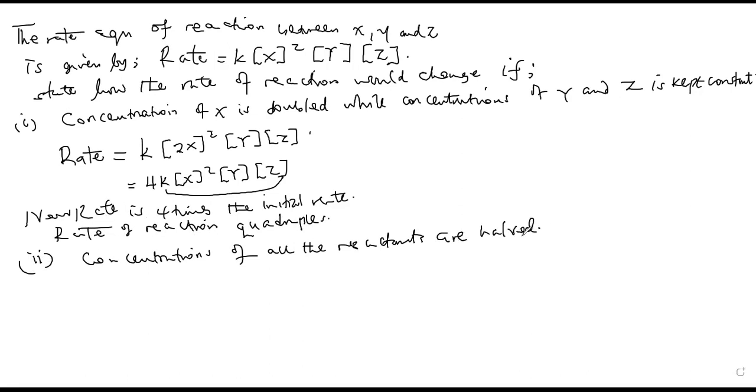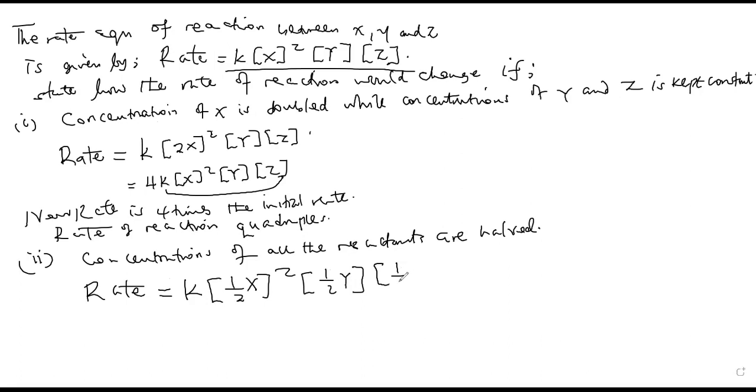So when you have the concentrations of all the reactants, we shall have the rate equal to, substituting in this rate equation, k, concentration of X halved, so a half X squared, a half Y, and a half Z. So this is going to be a quarter times a half times a half, so that is going to be 1/16 outside.